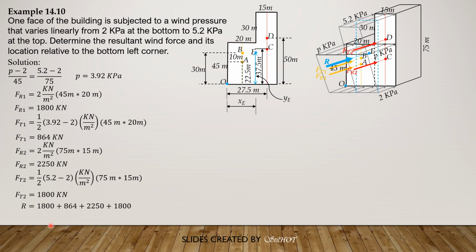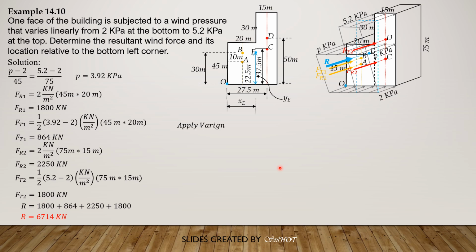So R is the sum of the forces, 1,800 plus 864 plus 2,250 plus 1,800. So R is 6,714 kilonewtons, and its direction is perpendicular to the face of this side of the building.